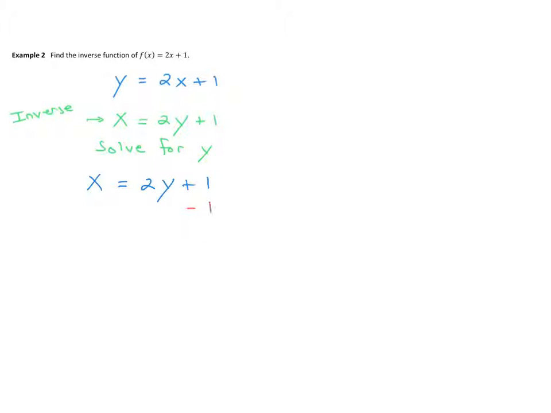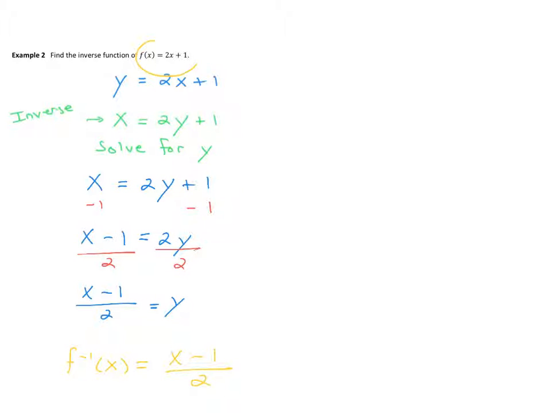Pretty easy to do: I subtract 1 from both sides, and then divide both sides by 2. Here we have x minus 1 over 2 is equal to y. This is the formula of the inverse, so I'll write f inverse of x is equal to x minus 1 over 2.